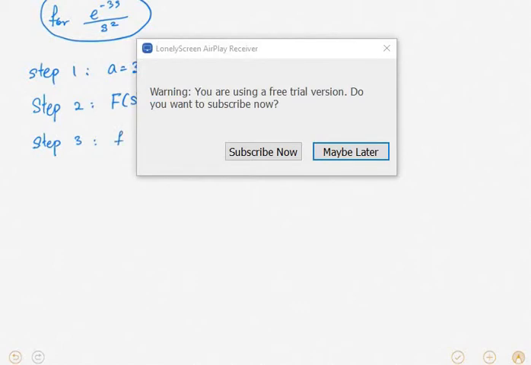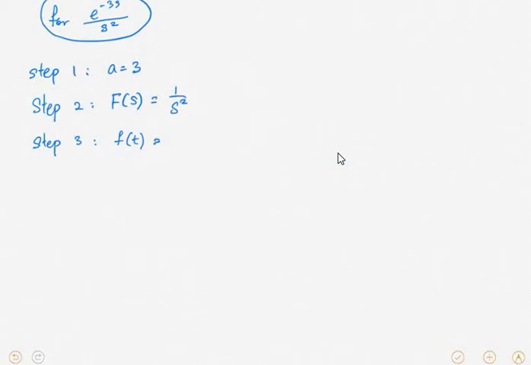what is the f(t) for the F(s) given? You refer to the Laplace transform table. If you have 1 over s squared, you still remember t to the power n has the transform n factorial over s to the power n plus 1.